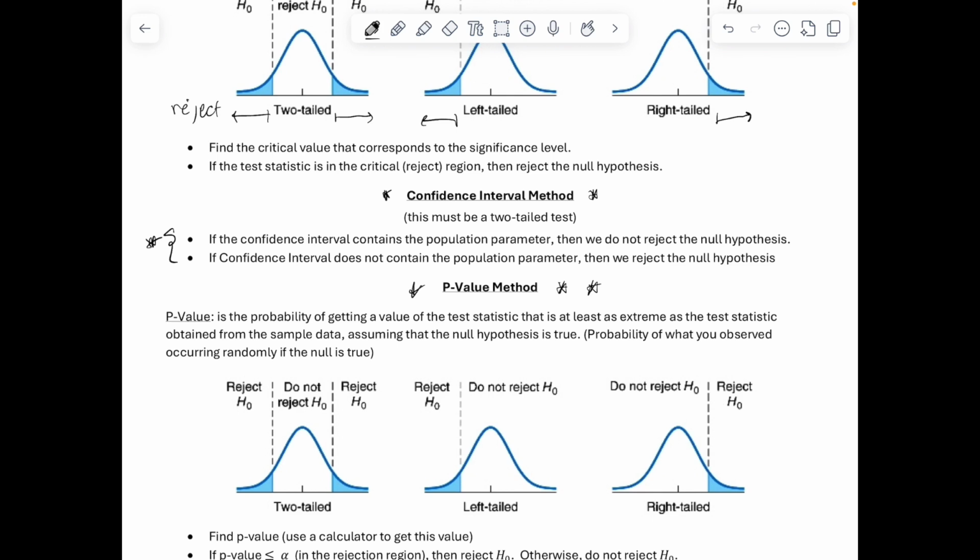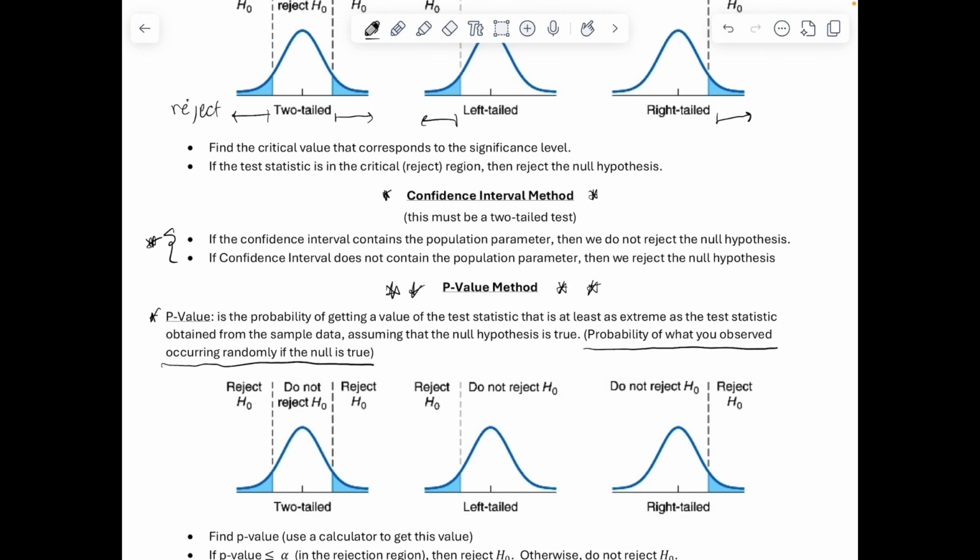The next method that we have is called the p-value method. A p-value is the probability of getting a value of a test statistic that is at least as extreme as the test statistic obtained from the sample data, assuming that the null hypothesis is true. In other words, our p-value is the probability of what you observe randomly occurring if the null hypothesis is true.